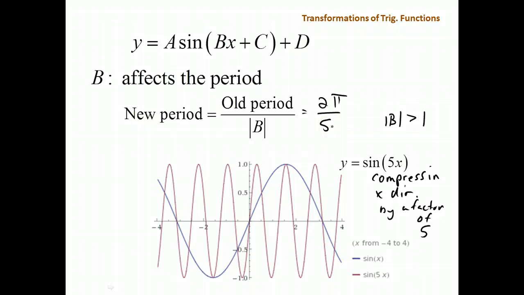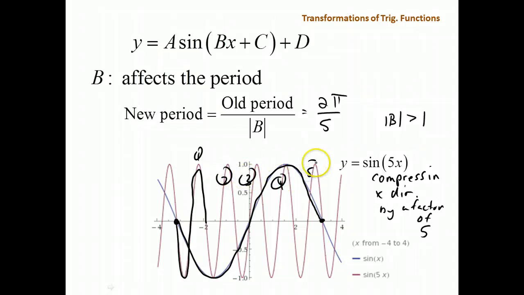Basically, in the span of one period of sine x, we're now going to have 5 periods of the sine of 5x. Let me just draw one of them. That's 1. We'll have 2, 3, 4, and 5 of them.